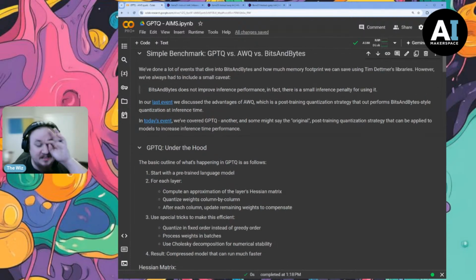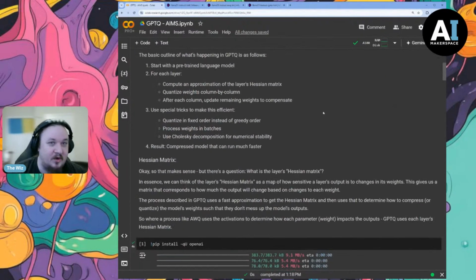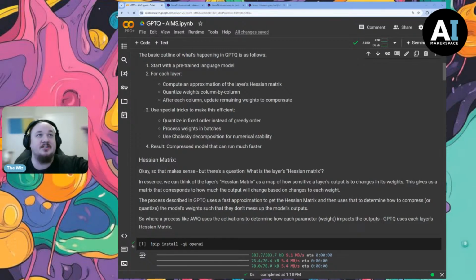Okay, so basically, what is GPTQ doing? Greg talked about it quite a bit, but the idea is that it's quite straightforward in the code. We have a pre-trained language model, and for each layer, and remember, layer here, great question from Blackcurrant in the chat, is each sublayer of the transformer block.